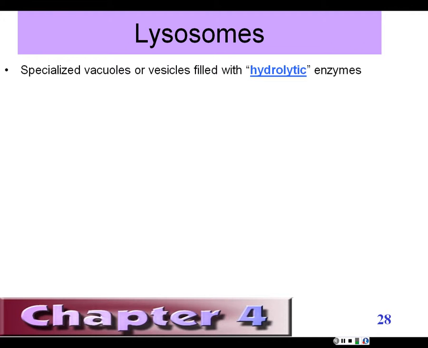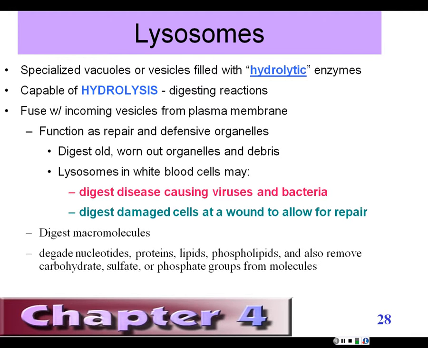We also have lysosomes inside some of the white blood cells that carry on these hydrolytic activities. Once you get a bacteria in there, we don't want that. We want to digest that bacteria cell, kill it, split it open. So lysosomes are capable of hydrolysis or digesting reactions.